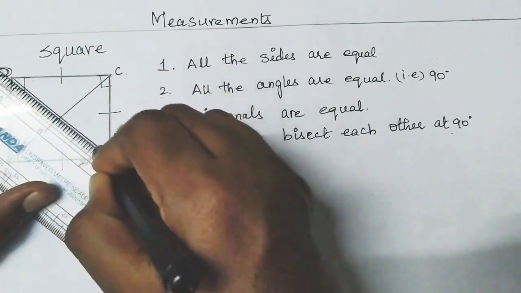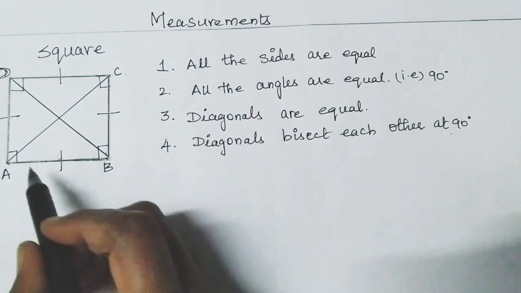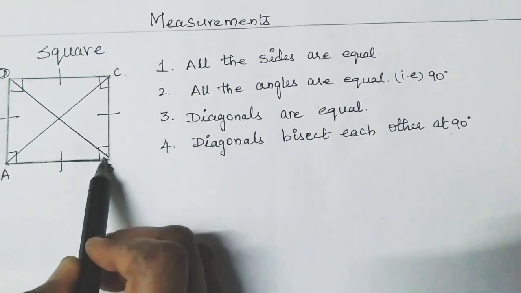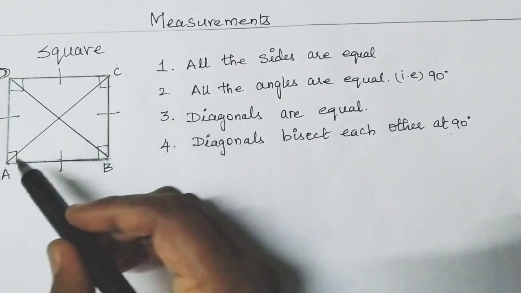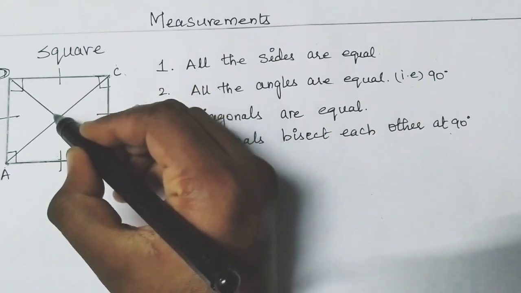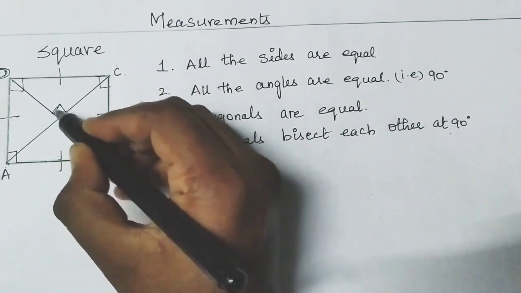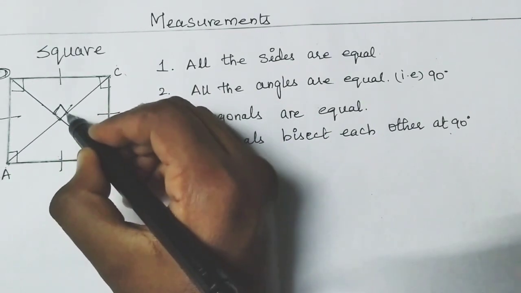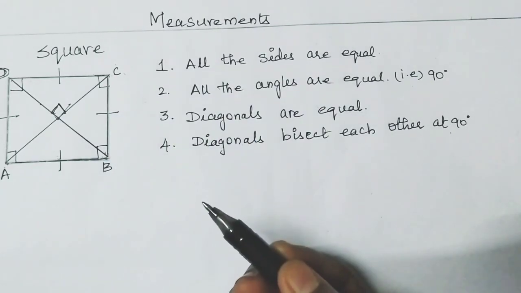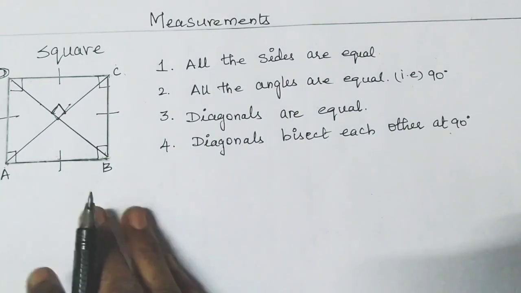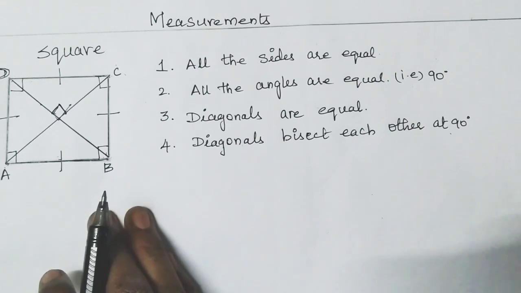So diagonals are also equal. AC is equal to BD and the diagonals bisect each other at 90 degree. So these are the properties of square.